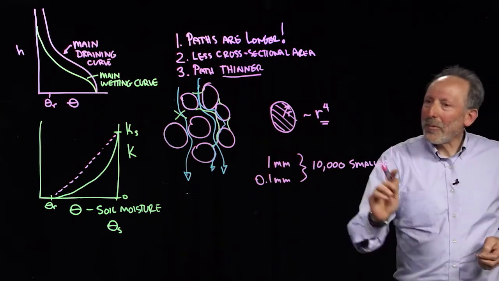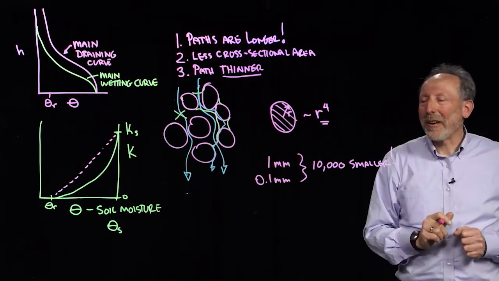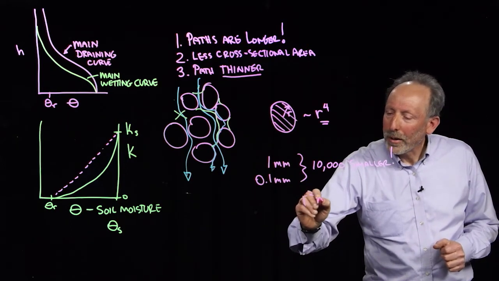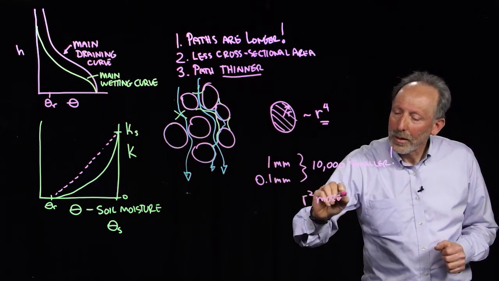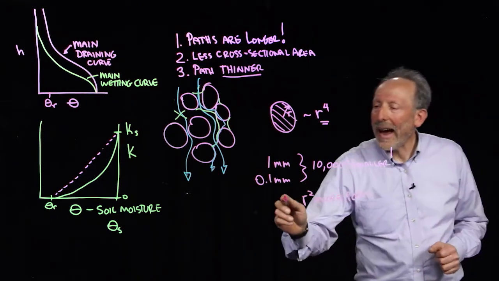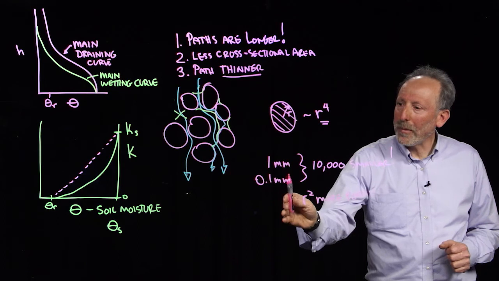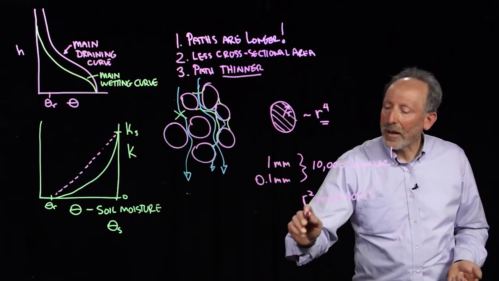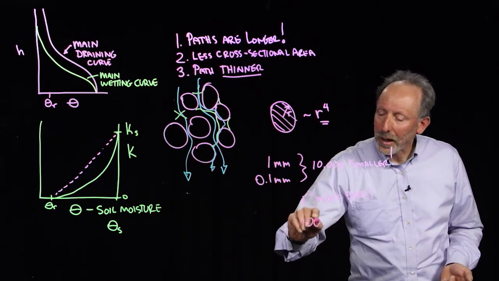The good news about having small pores is you get more of them in a particular unit area. So in fact, you can get r squared more pores that are smaller. And so in fact, if you had a media that went from 1 millimeter pore size and you had another media that had 1/10 of a millimeter pore size, the actual conductivity would be 100 times smaller.